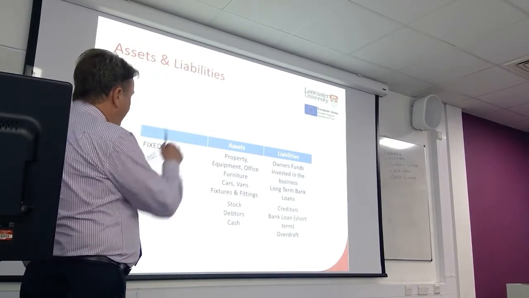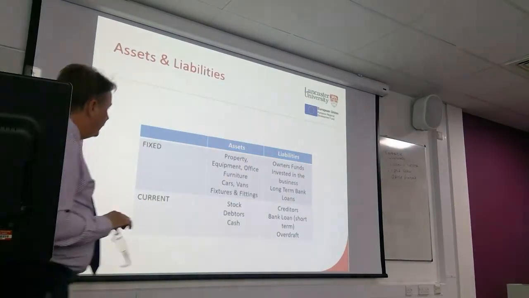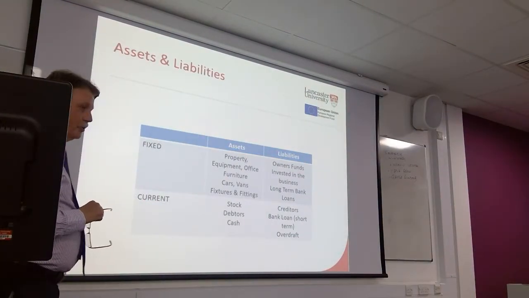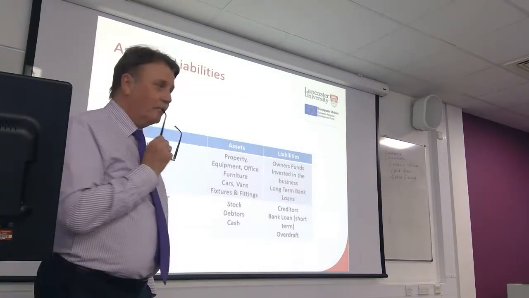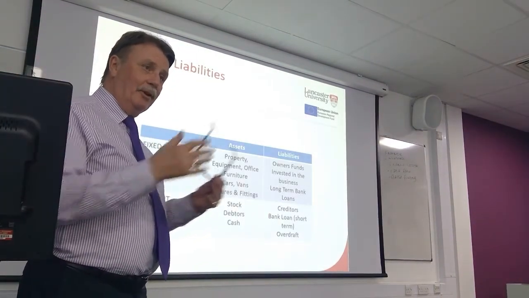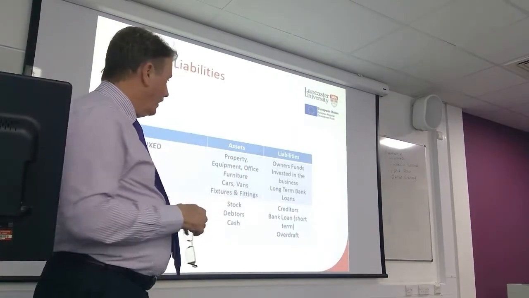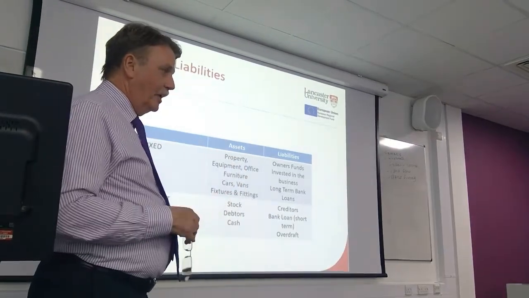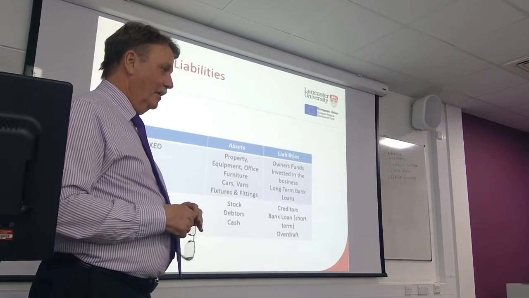So liabilities: you might have put some money in to start your business, so you want that back sometime. So it's a liability, you could be drawing the money out. You perhaps see in company accounts that there's a director's loan account.